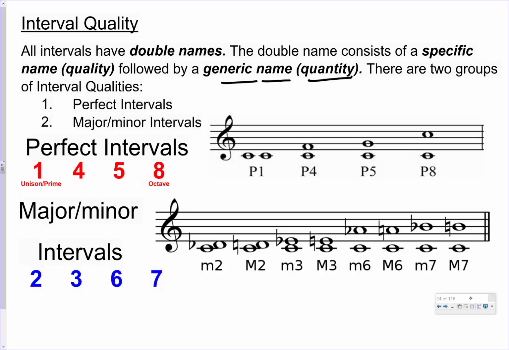And the remaining intervals are major minor intervals. Major minor intervals include seconds, thirds, sixths, and sevenths. I'll leave this page up for another minute so you can finish copying some things down.